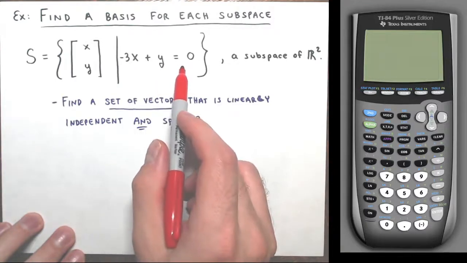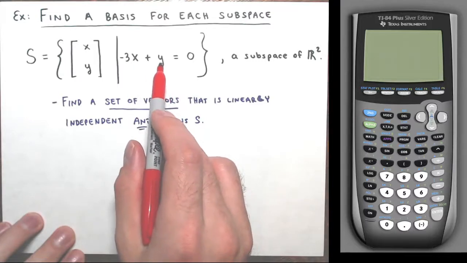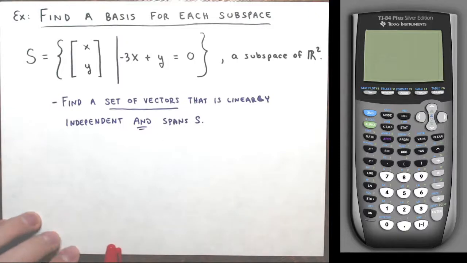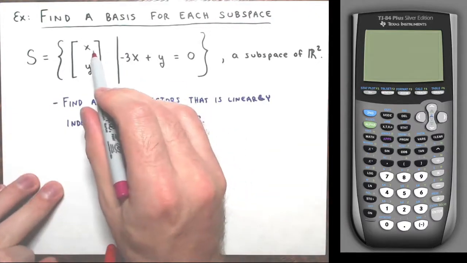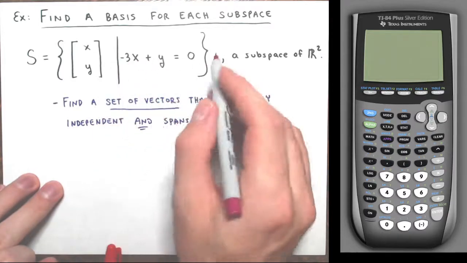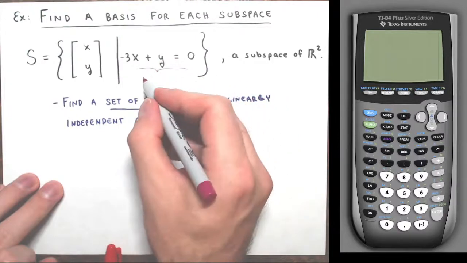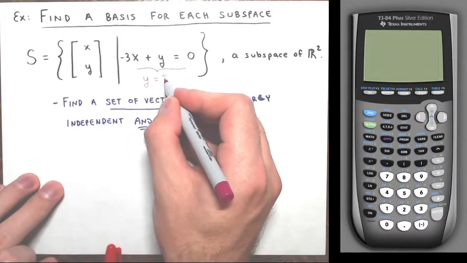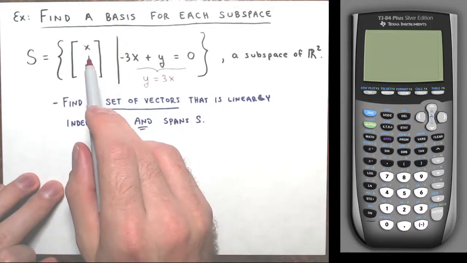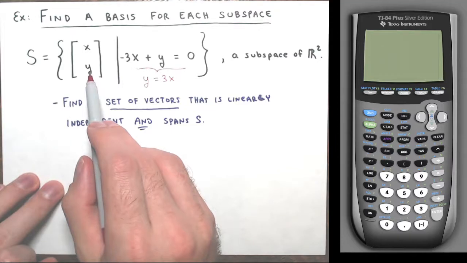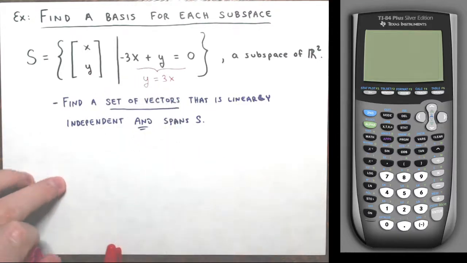Another way to put this is to solve for y. Y would be easy to solve for: y would be equal to 3x. So every vector in this set has a second component that is 3 times the first component.